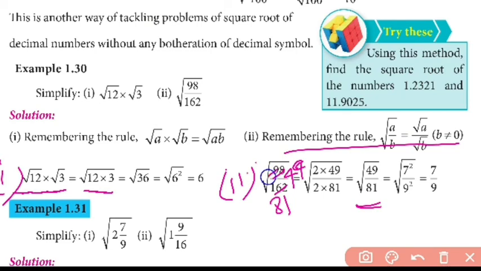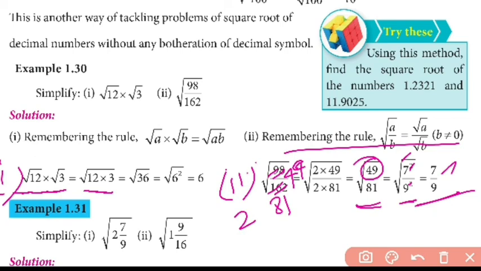There is no common divisor for 49 and 81, so we do not simplify further. Root 49 can be written as root 7 square by root 9 square. Both square roots cancel, so 7 by 9.